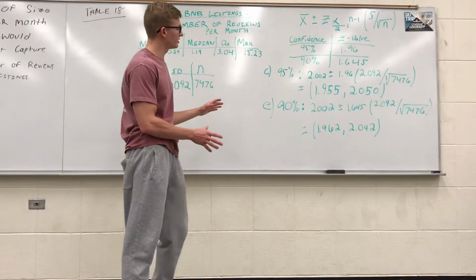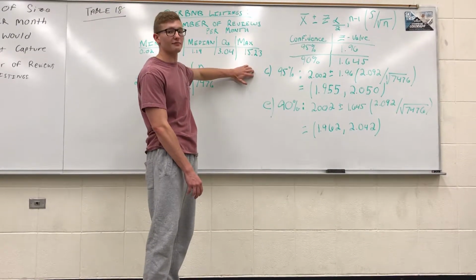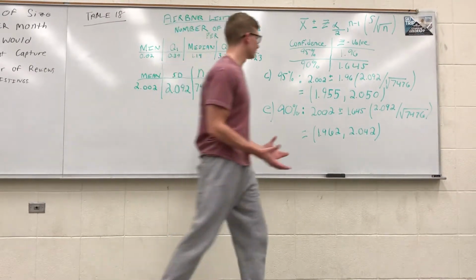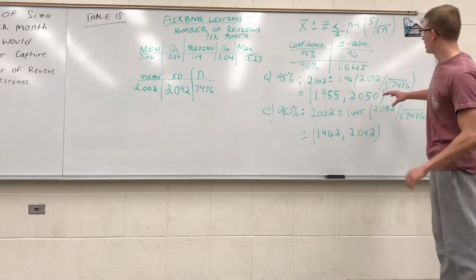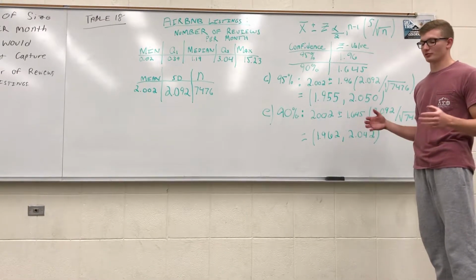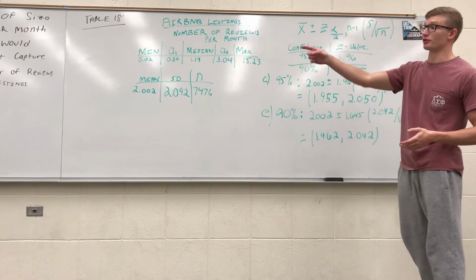Now, when discussing the differences between a 90% confidence interval and a 95% confidence interval, it goes as follows. For a 95% confidence interval, we're 95% confident, so we have a higher confidence that the interval is going to capture the true mean number of reviews.